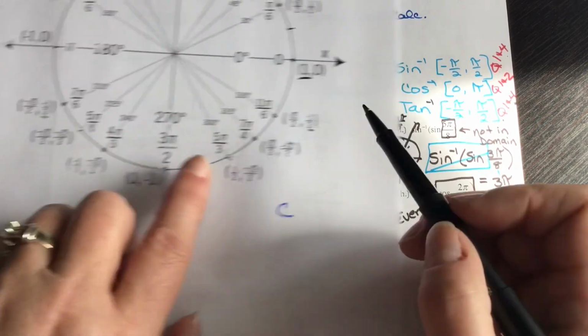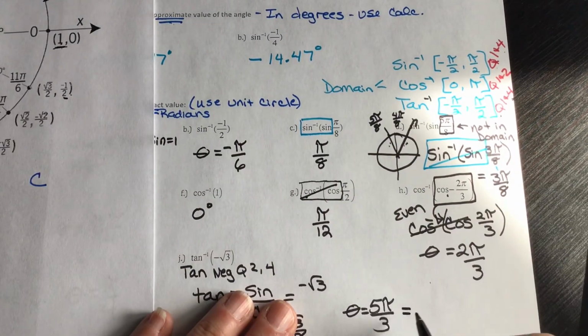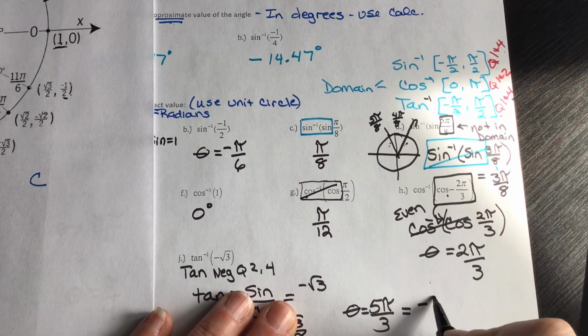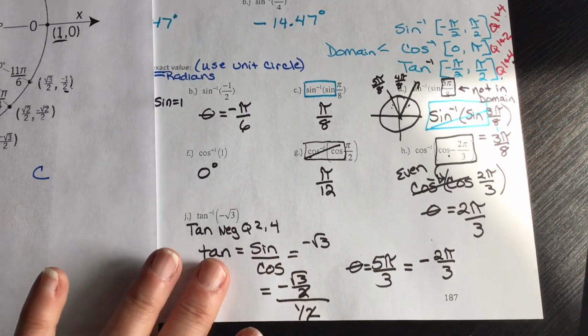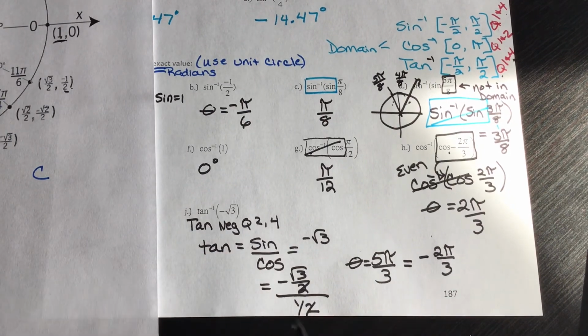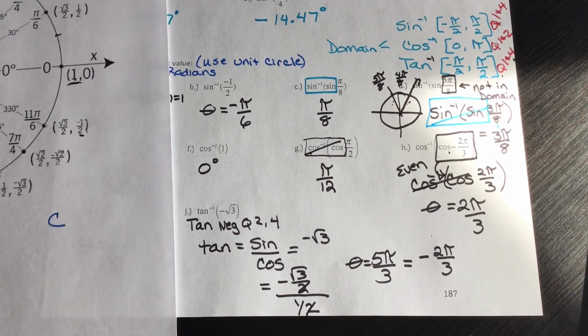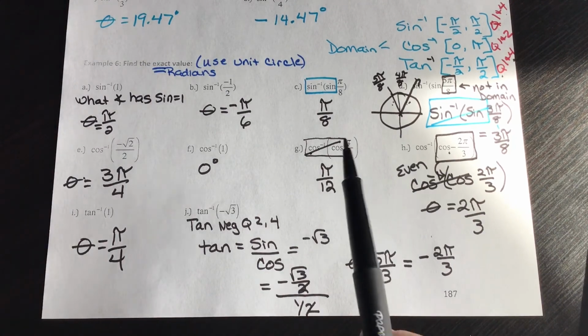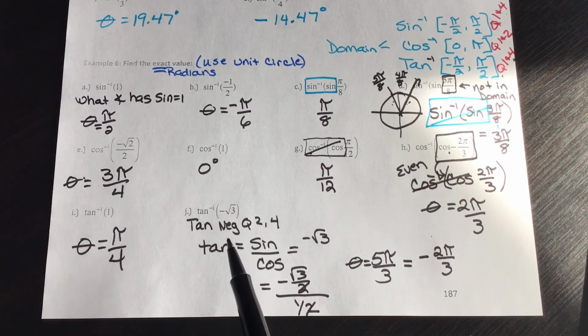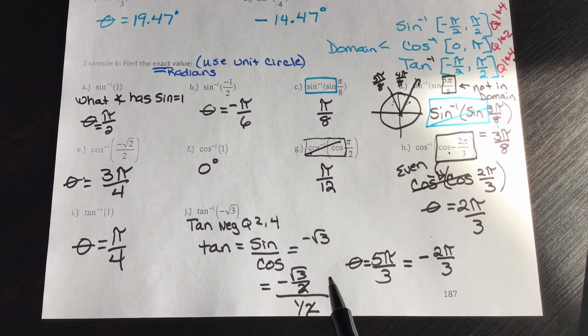So 5 pi over 3 is the same thing as negative 2 pi over 3. And this is going to take a bit of practice. So that's what we're going to be doing a lot in our homework, is referring back to our unit circle to help us determine these angles used in the trig functions.